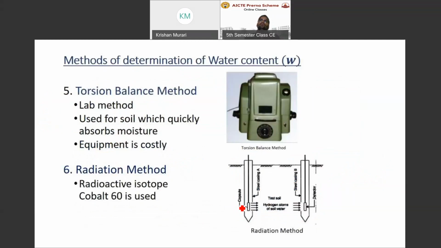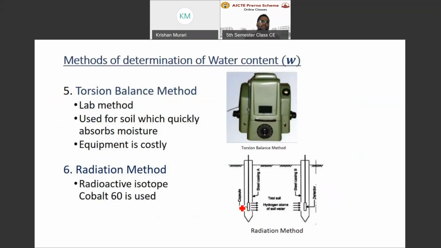If you dry the soil and weigh it in simple cases, but clay particles absorb moisture from the atmosphere very quickly, so the correct reading will not be obtained. In that case, we use the torsion balance method, but it is not practically used because it is very costly equipment. In normal cases, it is generally not used in the laboratory.